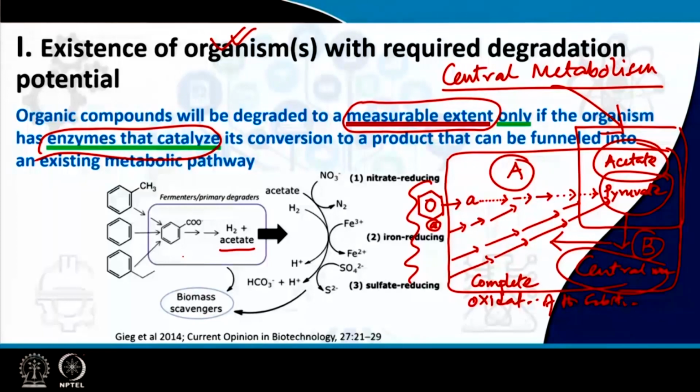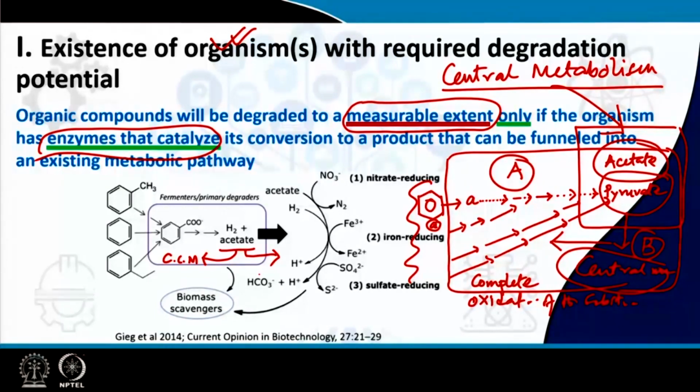Maybe this particular bacterium will use this acetate for its own central carbon metabolism and generate energy out of it. But it may so happen that they release part of this acetate outside, and other organisms will enjoy this acetate or pyruvate as a substrate for their carbon and energy source, and they will grow happily on it.